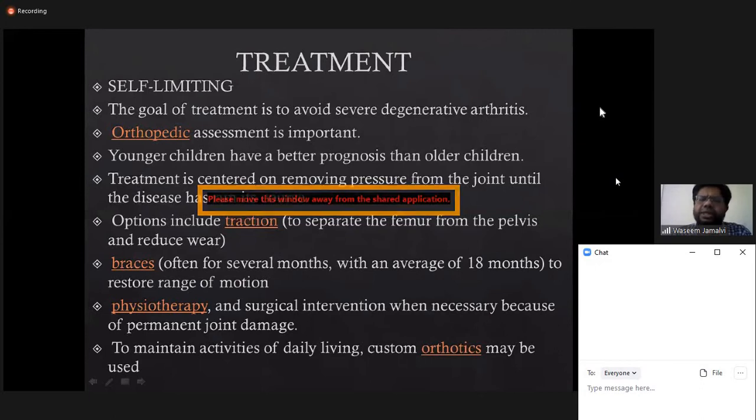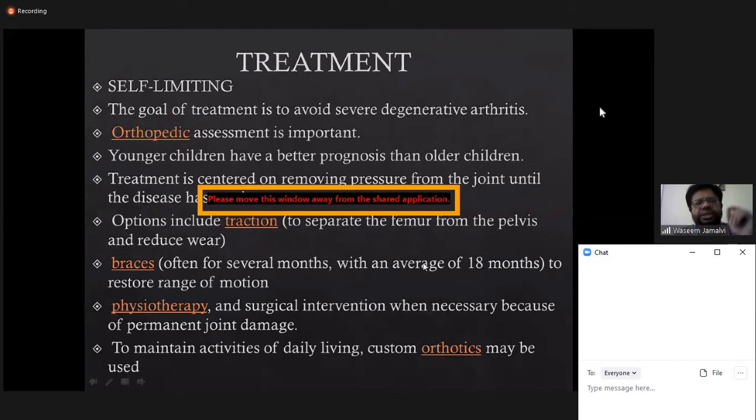The orthopedic assessment is important, and you can take the child to the orthopedic department. As I previously told you, younger children have a better prognosis as compared to older children. One important thing is removing the pressure by using traction.